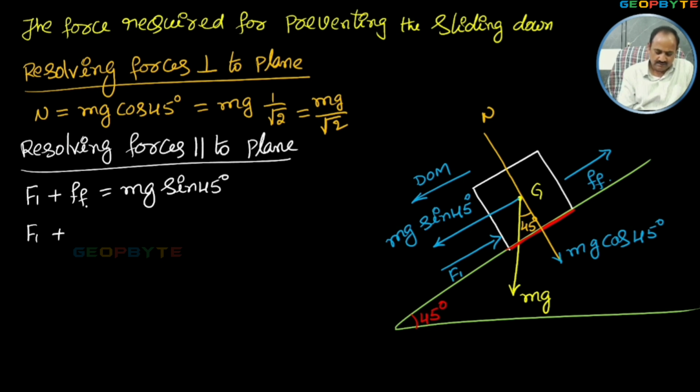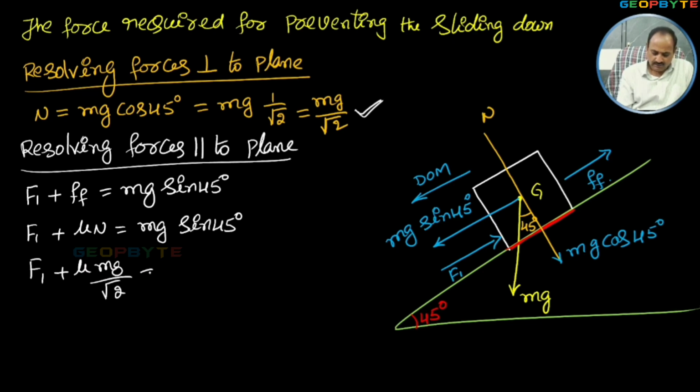F1 plus frictional force Ff, equal to mu N, is equal to mg sin 45 degrees. F1 plus mu times N, where the normal reaction is mg by root 2, because sin 45 degrees is equal to cos 45 degrees, equal to 1 by root 2.